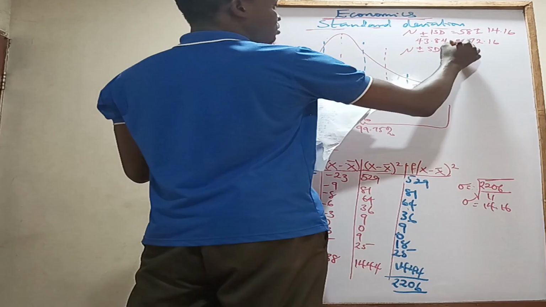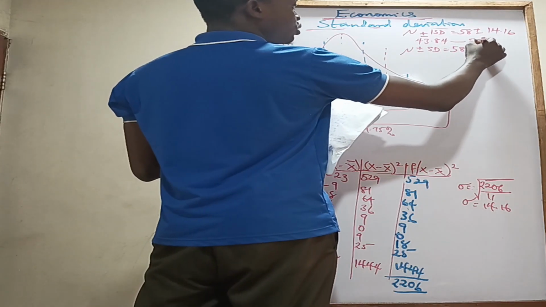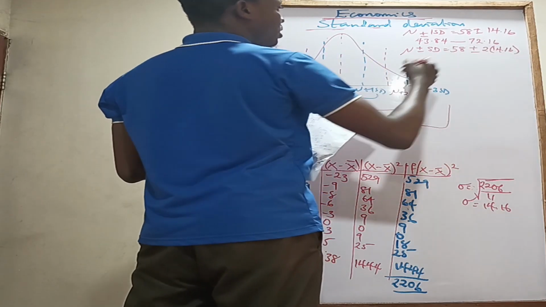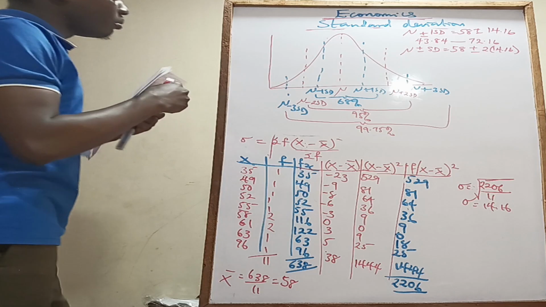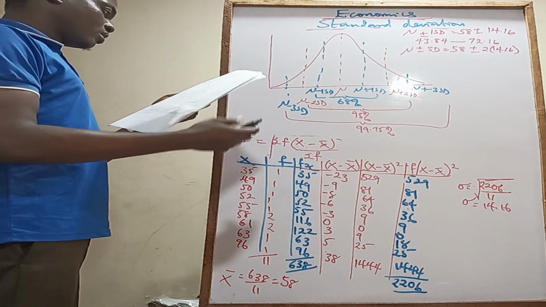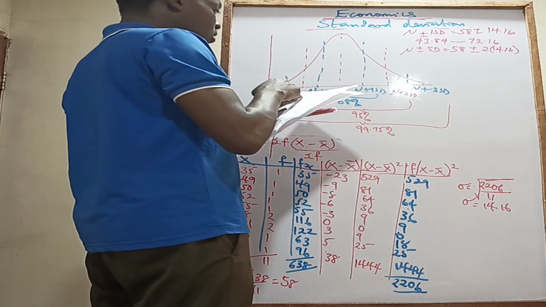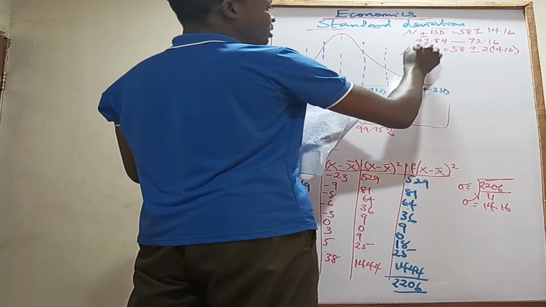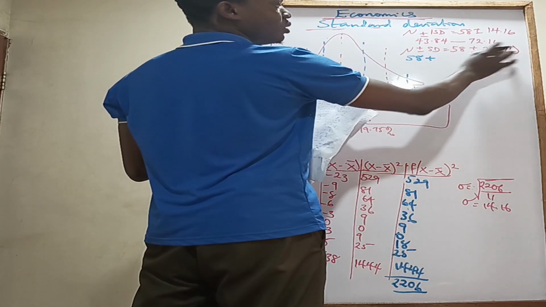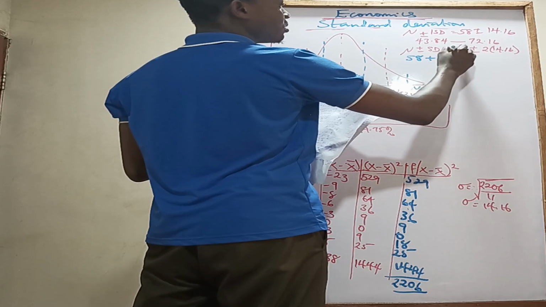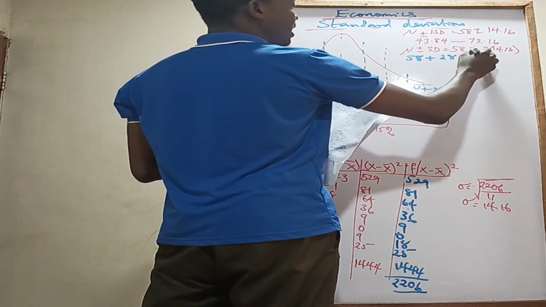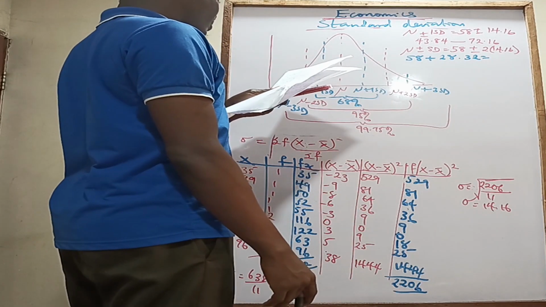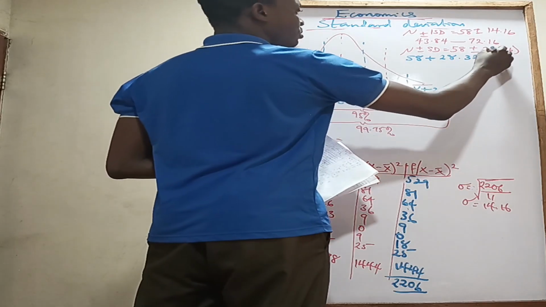That's 58 plus or minus 2 into bracket 14.16, remember, just the exact way we did for mean deviation. So when we do that, plus 2 into bracket this, that's going to be 28.32. So when you add it up, this is 86.32.